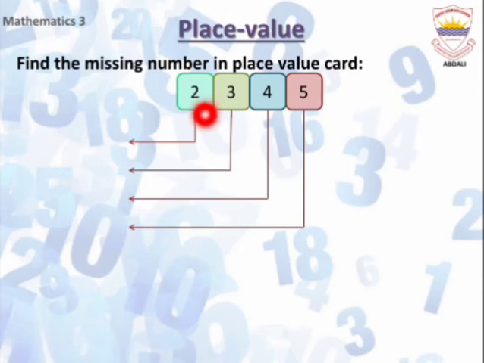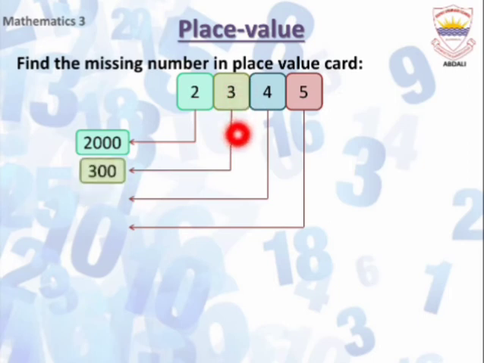Yes, we value the first digit 2 as 2000 because after 2, 3 digits are right, and instead of these 3 digits we write 3 zeros.